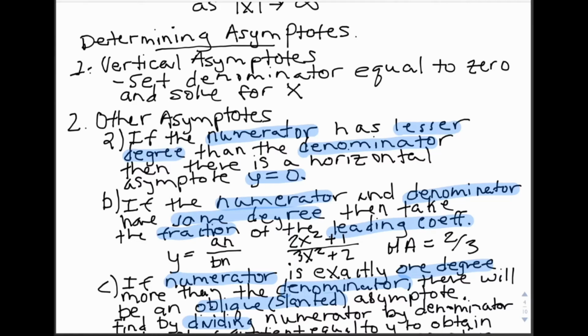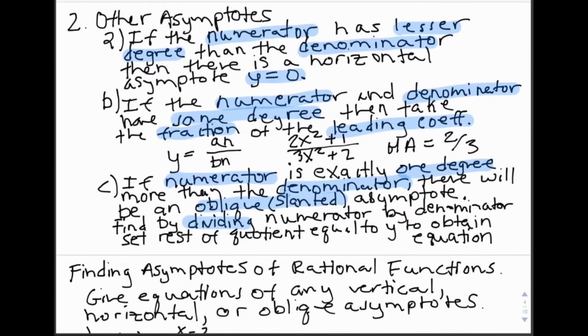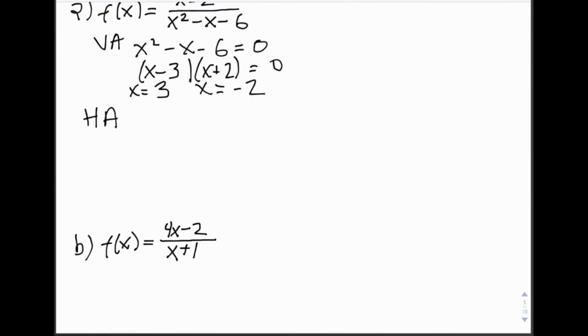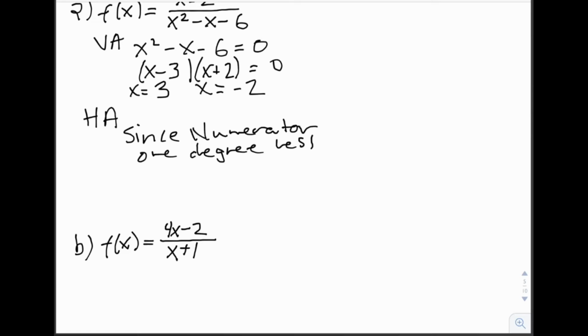So in our case, since our numerator is 1 degree less than the denominator, we will have a horizontal asymptote of y is equal to 0.